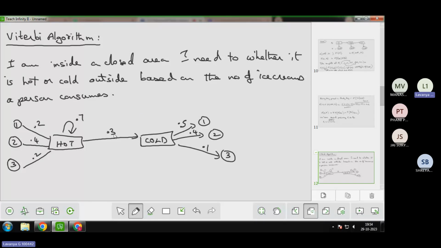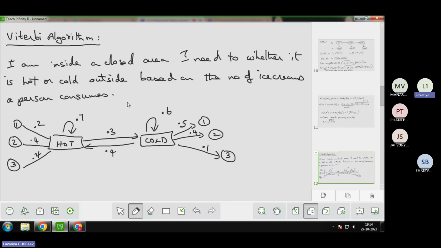Everywhere, 0.7 plus 0.3 is 1, and 0.5, 0.4, 0.1 is 1. But 0.2, 0.4, 0.2 is not 1. So that is an error. You should identify it. Somewhere it should be 0.4, so let me take this as 0.4. So again the total is 1. Okay, now from cold to cold, let it be 0.6. So from cold to hot, it will be 0.4. That's how the total becomes 1.